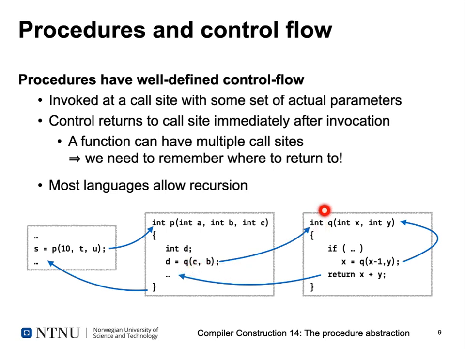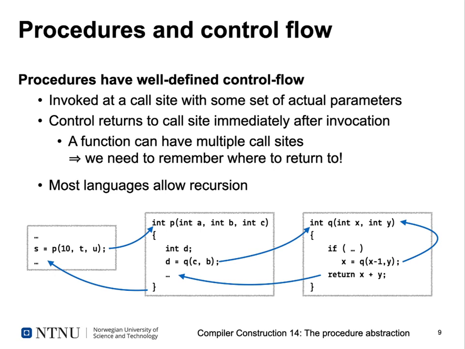So we execute function Q. Function Q might call itself recursively a number of times, and ultimately function Q will not only return from its own recursions, but also return from its first invocation by returning a value here, which we can then use in P again, and eventually P then returns to our initial call site here, and we can use the result and assign it to a variable and continue after the original invocation of P.